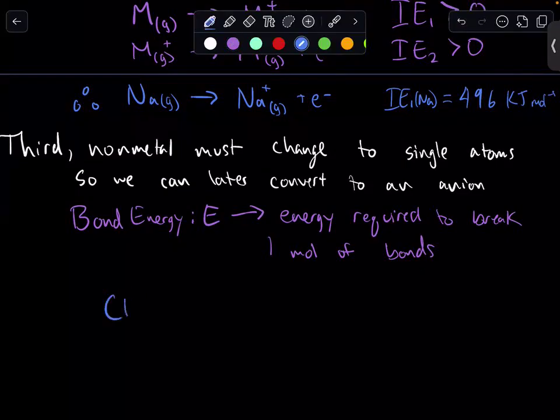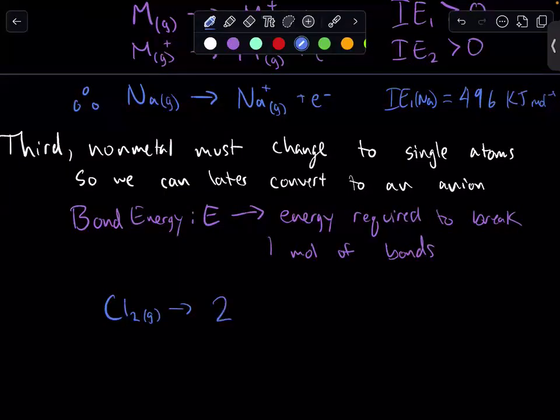For Cl2 gas, we turn it into 2Cl gas, and the energy for this of Cl2 is 242 kilojoules mole inverse. Now our chlorine is halfway there.